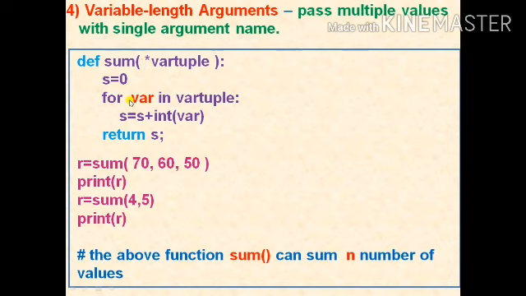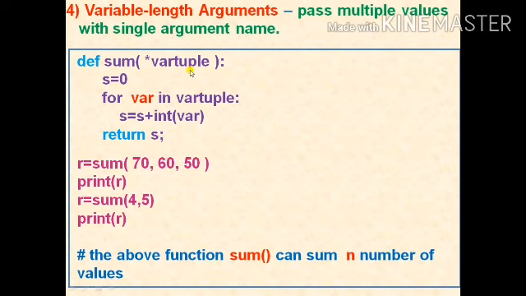Here is a program to sum up the number of values given. Similarly, three numbers like a tuple have been supplied here, 70, 60 or 50, and the function will take these values.